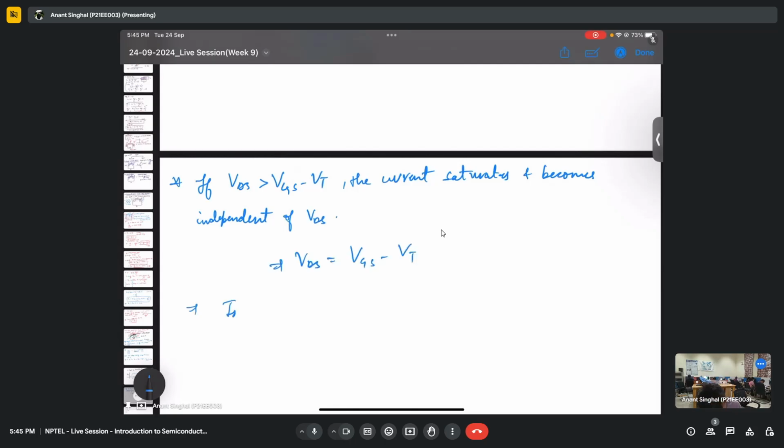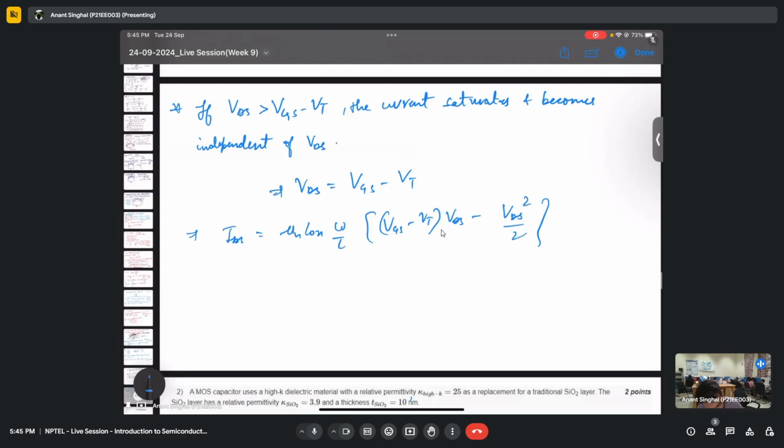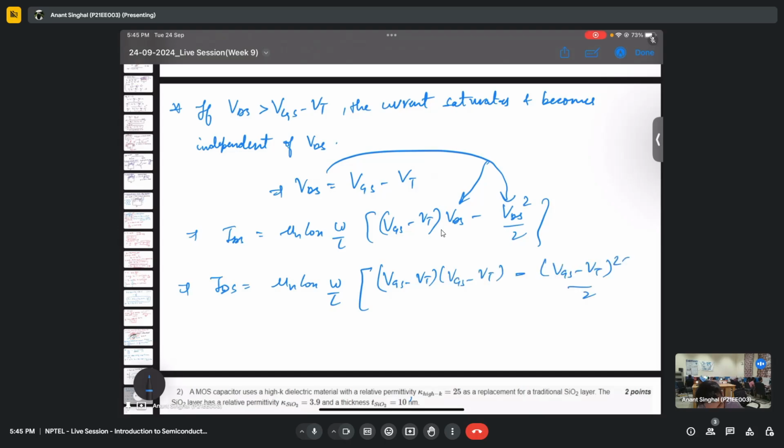In the previous relation that we got, which is VGS minus VT into VDS minus VDS square by 2, I can replace VDS here and here also, and what I'll get is IDS is nothing but mu n Cox W by L, this is VGS minus VT, and this VDS is also VGS minus VT, minus VGS minus VT whole square by 2.